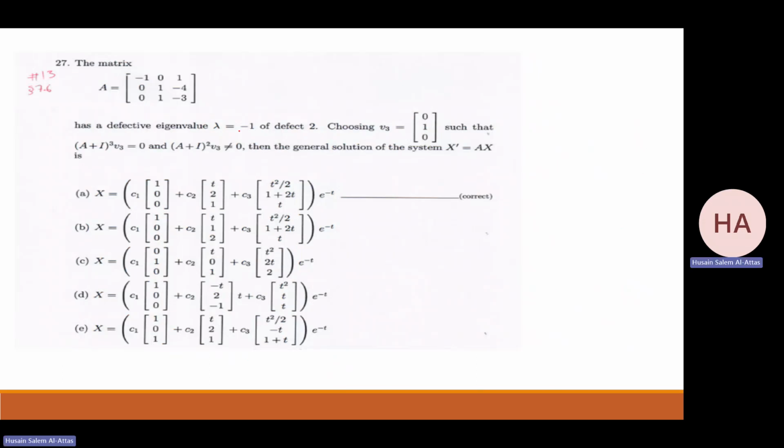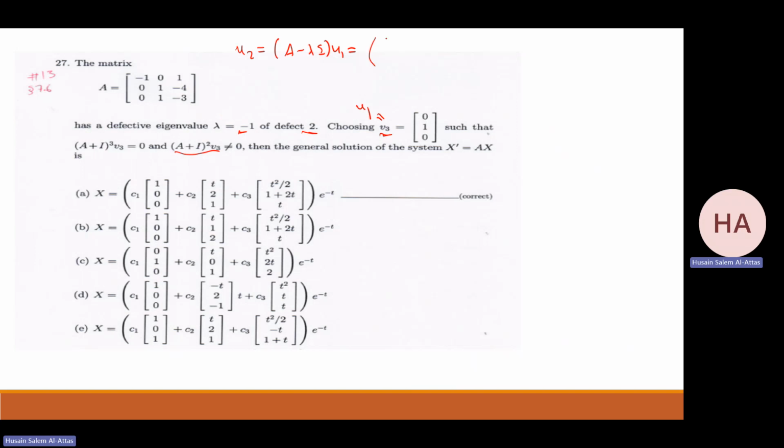Let me do this. I have minus 1, defect 2, and he gave me V3 plus. So I have V2, we'll call it U1. Let me use the same notation. So U2 will be A minus lambda I U1. What is lambda? Minus 1.